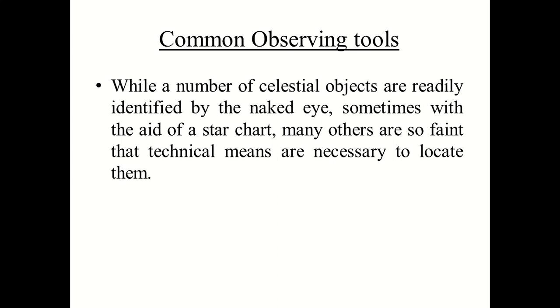So now let's discuss the common observing tools used in amateur astronomy. A number of celestial objects are readily identified by the naked eye, sometimes with the aid of a star chart. Many others are so faint or inconspicuous that technical means are necessary to locate them.